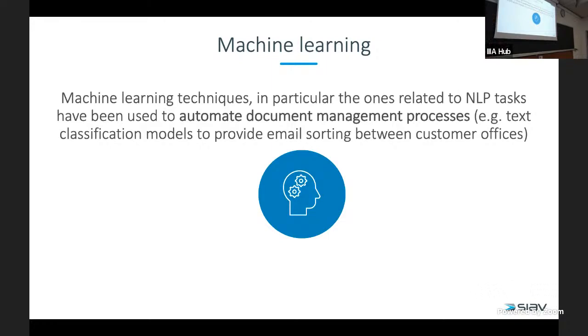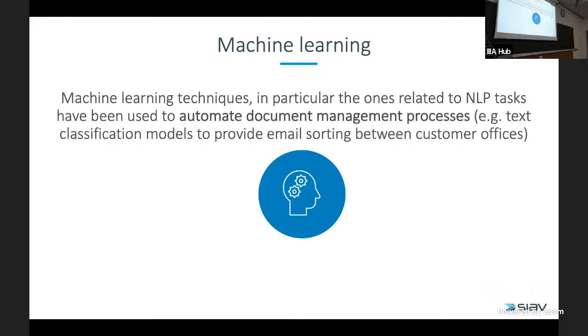field. So using machine learning in the document management field, what does it mean? It means, for example, using NLP models. You can think about a text classification model to automate some processes. As an example, in some companies in Italy you have what is called posta elettronica certificata, certified electronic mail.